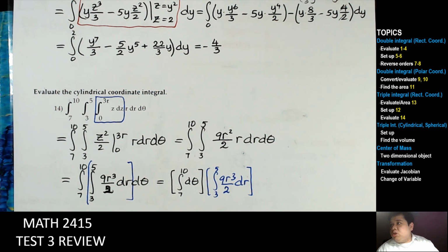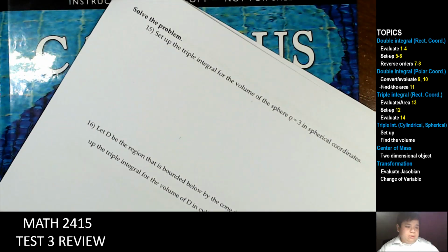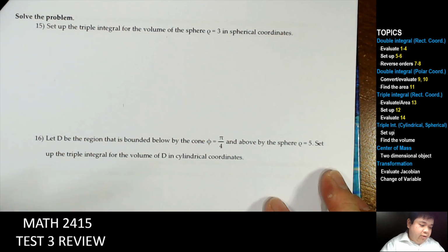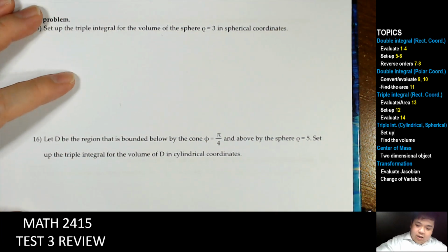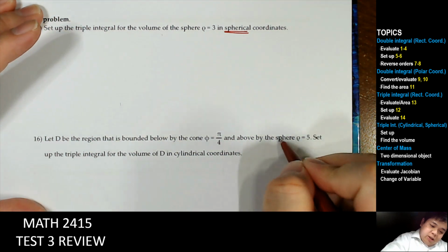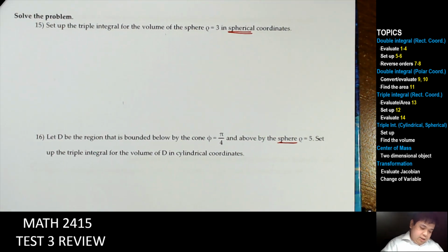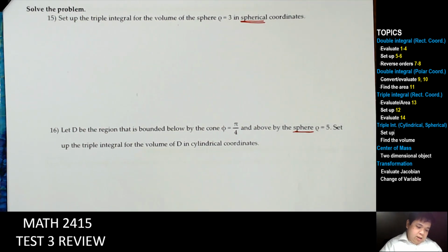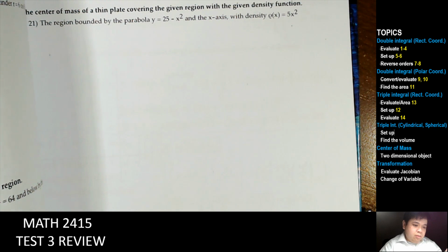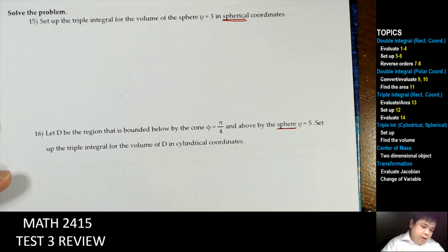Now we go to cylindrical and spherical coordinates. First, the center and upper part, we have this one. This one is spherical and a sphere. So first, we set up using spherical coordinates.